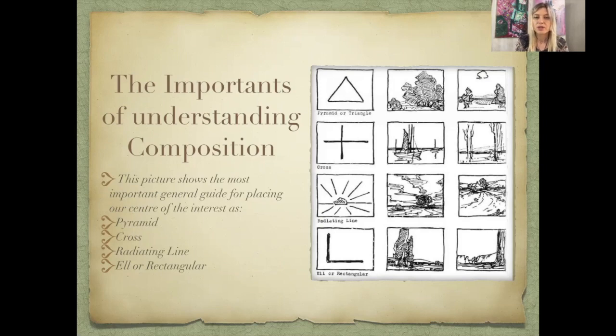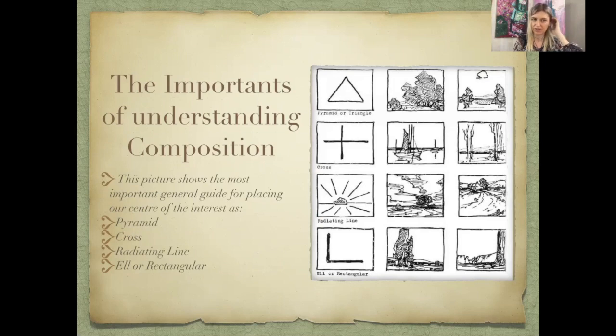If we look at the radiating lines, it's kind of like a sun, so it's good for drawing clouds and sky and landscape, or a city with streets and buildings going around in different directions.